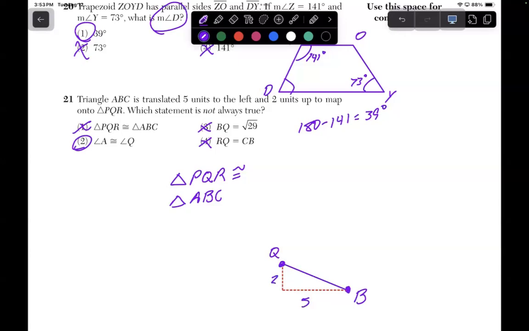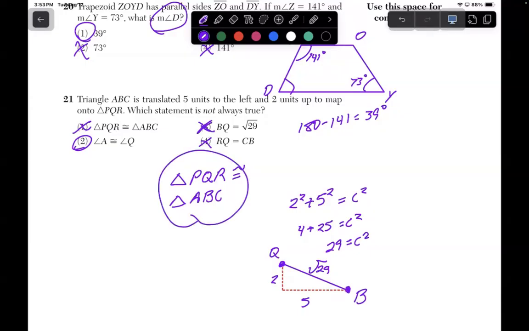A squared plus B squared equals C squared. So 2 squared plus 5 squared equals C squared. That's 4 plus 25 equals C squared. 29 equals C squared. So this has to be radical 29. So this is true. So that's why it's wrong. It's number 2. But you can see, if you stack the letters, how easy it is to spot this one, right? So easy. Stack your letters.